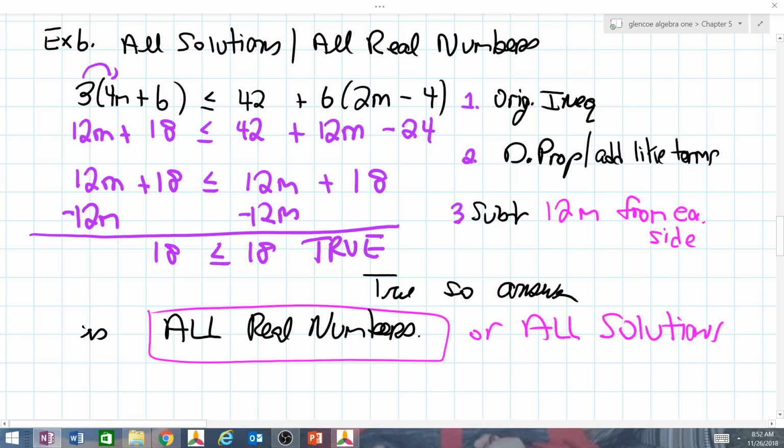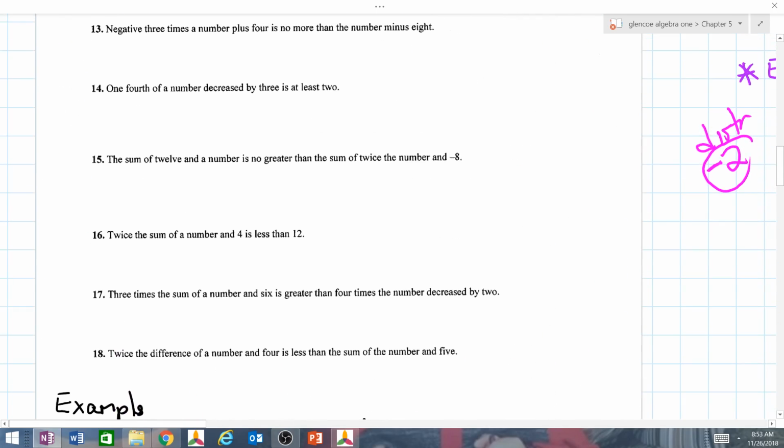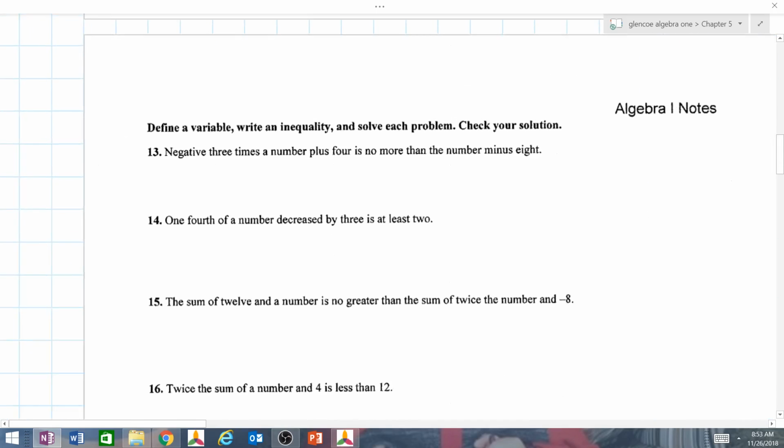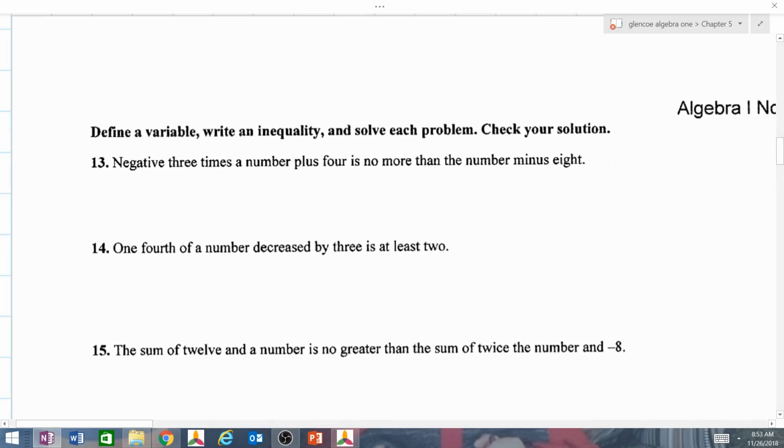Are you sure? Okay. And then the last thing I want to do with you is one word problem. So let me just pick one to do. Negative 3 times a number plus 4 is no more than the number minus 8.